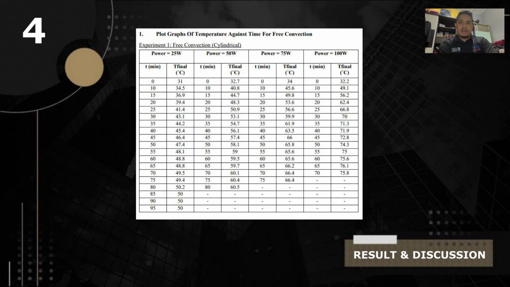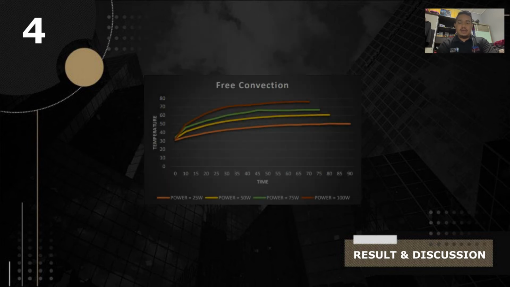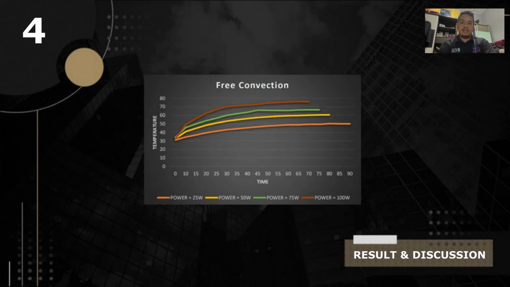This is the time versus temperature. We have results for power 25 watt, 50 watt, 75 watt and 100 watt. This is the plot graph for the free convection. As you can see, with the increase of time, the temperature also increases.